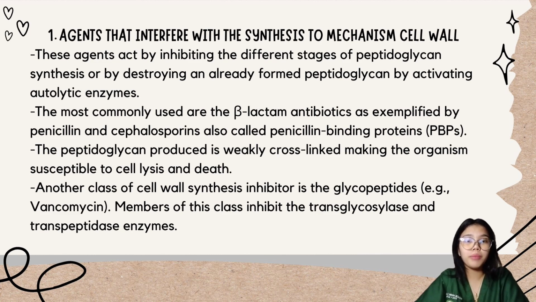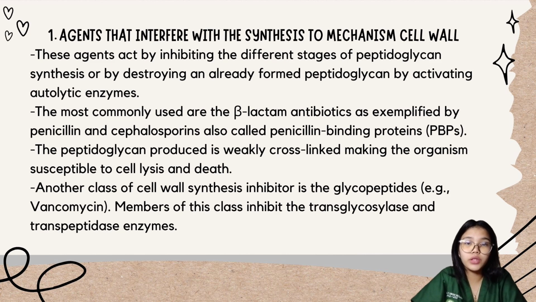The beta-lactam antibiotics are most commonly used, as exemplified by penicillins and cephalosporins, which bind to penicillin-binding proteins or PBPs. They act by inhibiting the conversion of immature peptidoglycan to mature peptidoglycan by directly inhibiting bacterial transpeptidase. The peptidoglycan produced is weakly cross-linked, making the organism susceptible to cell lysis and death.